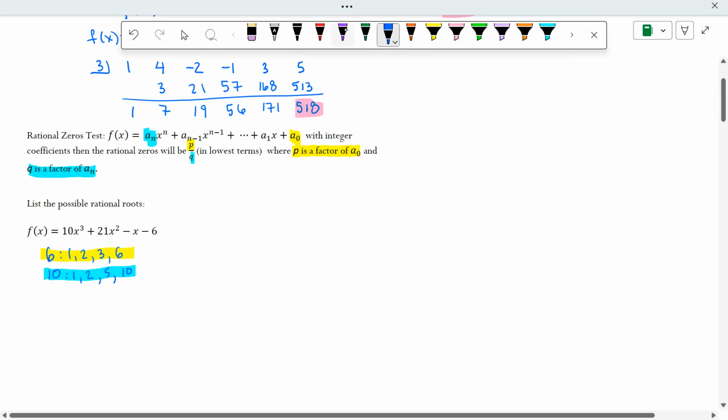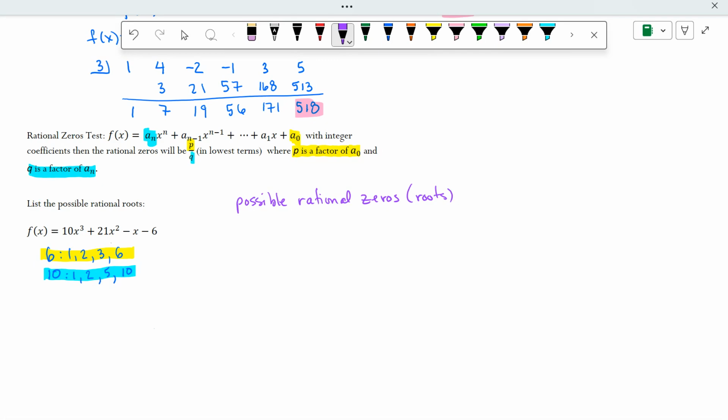So my possible rational zeros or roots, they're called zeros because that's where the function equals 0.